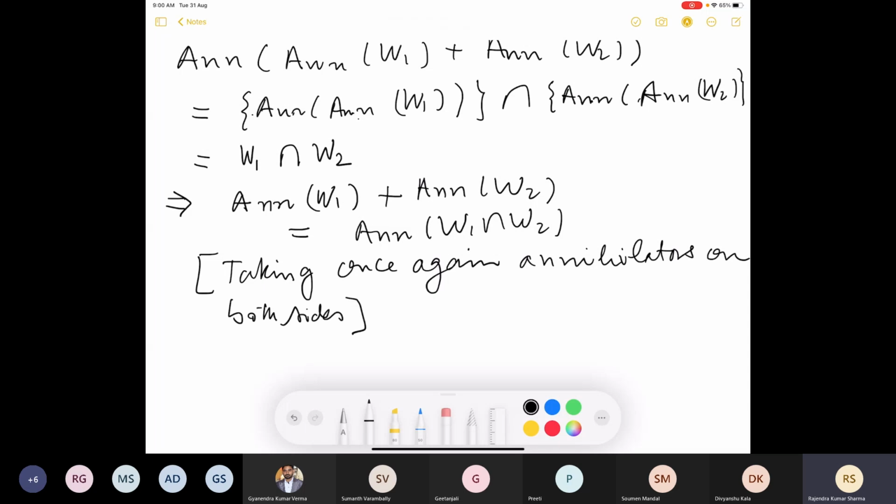So what we have got is that the annihilator of W1 plus the annihilator of W2 is the same as the annihilator of W1 intersection W2. Just one more example we take up, and the rest will be for you to do.